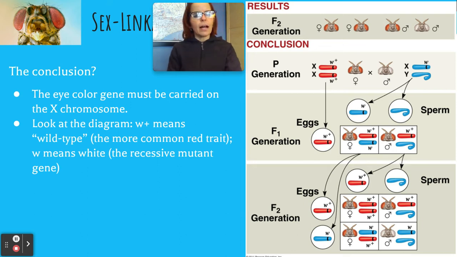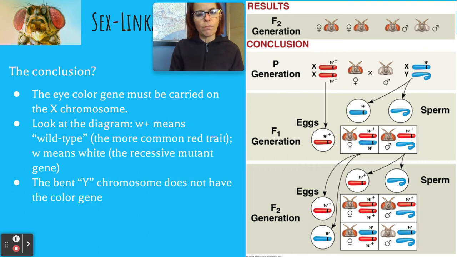Look at the diagram: W plus means wild type, which is the more common and dominant red trait, and little w without a plus means white, the recessive mutant gene. The bent Y chromosome does not have the color gene. So look at the diagram and see that little bend, no color gene on that one.